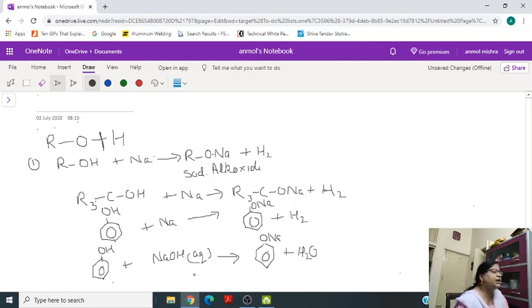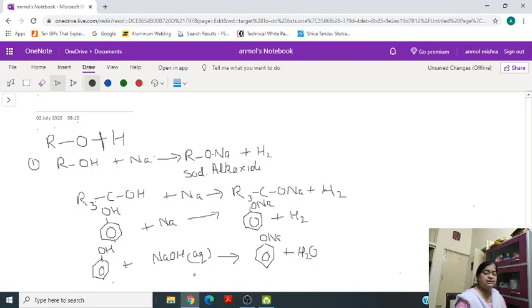So the above reactions which you have studied of alcohol and phenol show that both of them are acidic in nature and they behave as Bronsted acid. They behave as Bronsted acid. Now what are Bronsted acids? Those acids which can donate a proton.